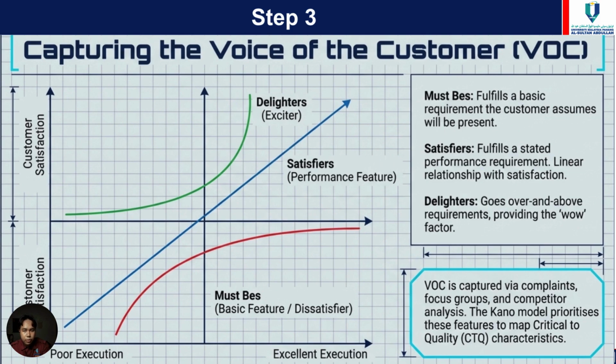VOC is captured via complaints, focus groups, and competitor analysis, and the Kano model prioritizes these features to map CTQ characteristics. By using this chart, we can identify which process already meets the customer requirement, or which process needs to be improved. We can also prioritize which one needs to be improved first.